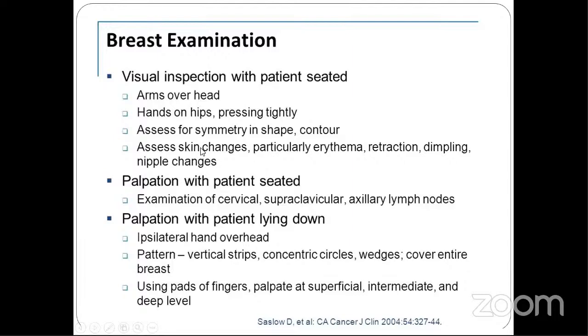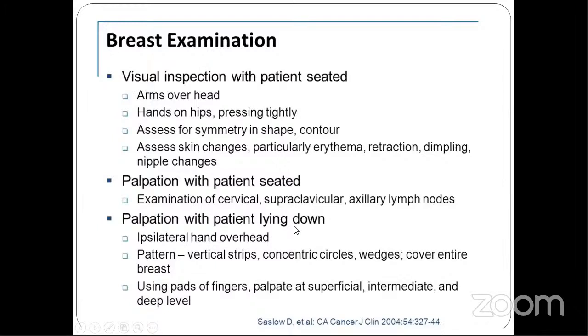Symmetry in shape, skin changes, especially erythema or redness, retraction of the nipple, dimpling, and any secretion. We will also examine lymph nodes: cervical, supraclavicular, and axillary lymph nodes. Examination of lymph nodes is very, very important in breast examination.